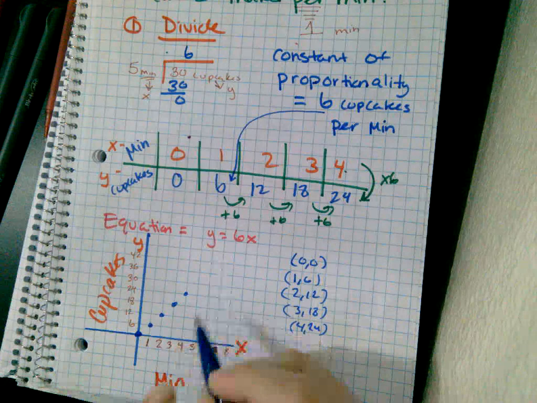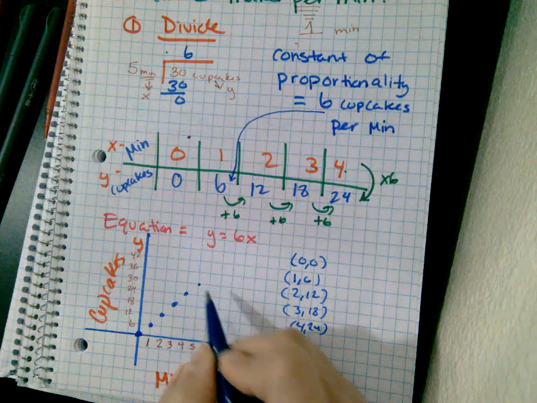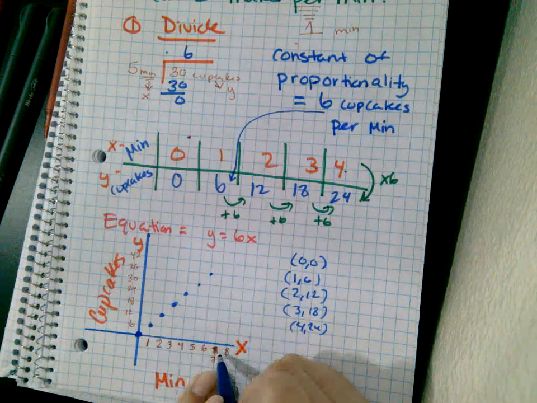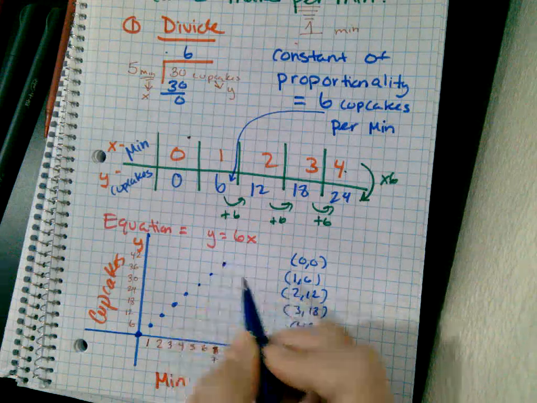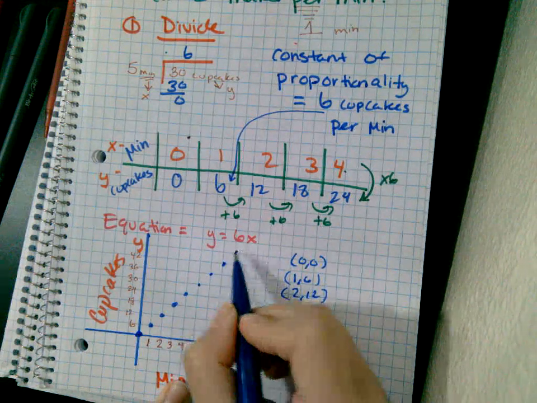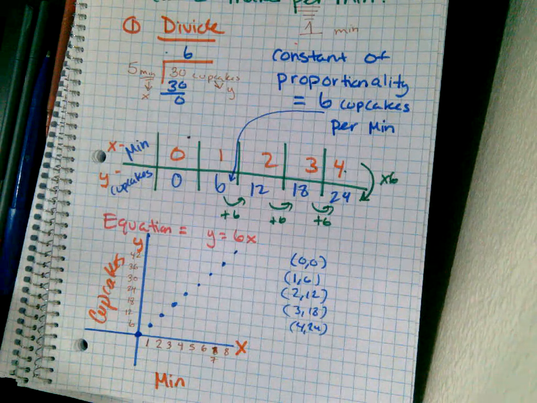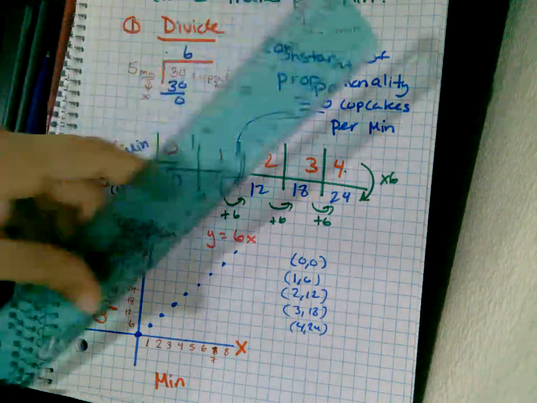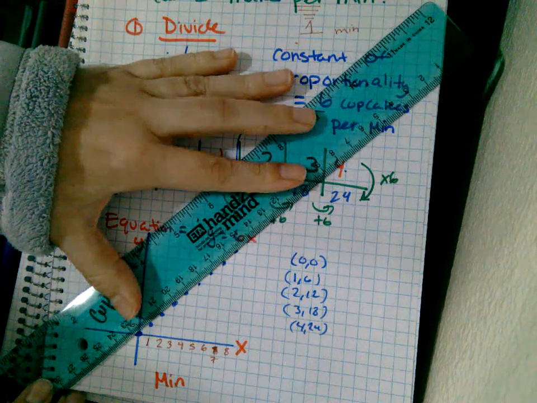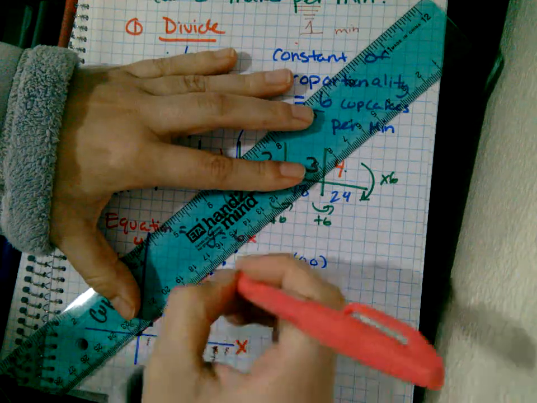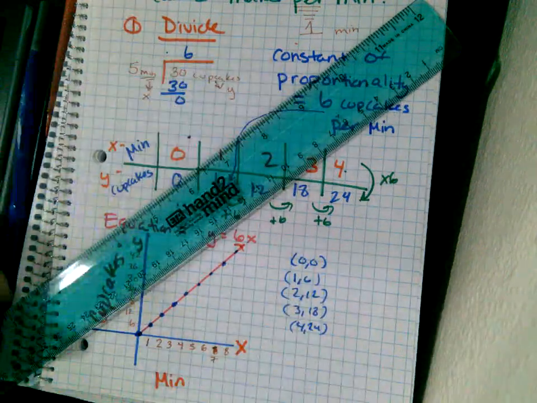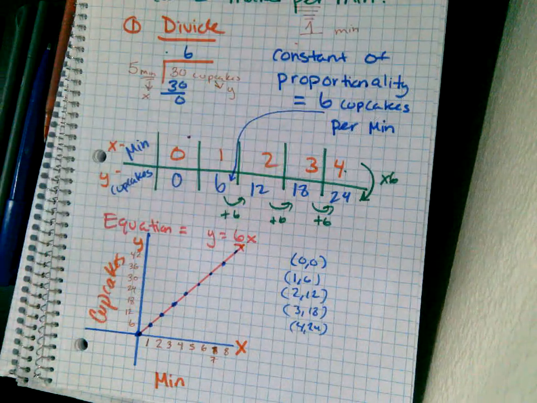Let's just keep going. 5, 30, 6, 36, 7, 42. 8 would be 48 up there, right? We can just keep going, going, going. They all meet in a straight line, and they all start at 0, 0.